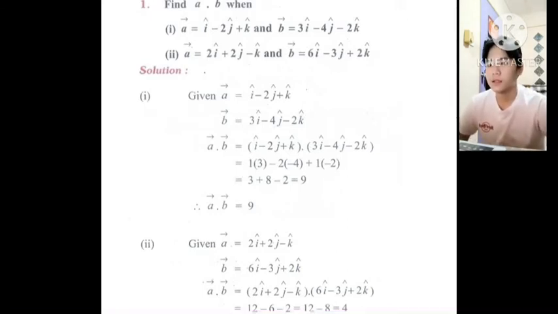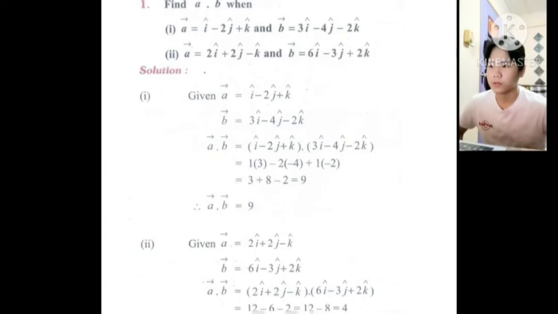So the solution for this question: given a equal to i minus 2j plus k and b equal to 3i minus 4j minus 2k. By using the formula to find the scalar product, just put the values from a and b, and we get the value for question 1, which is 9 for a dot b.